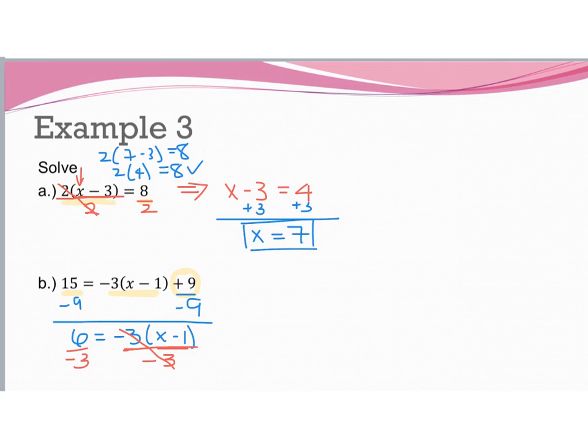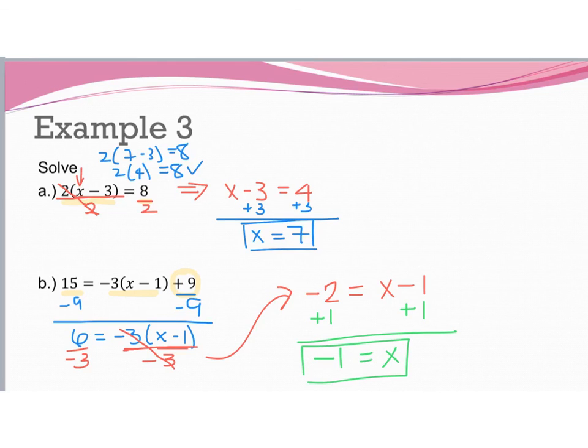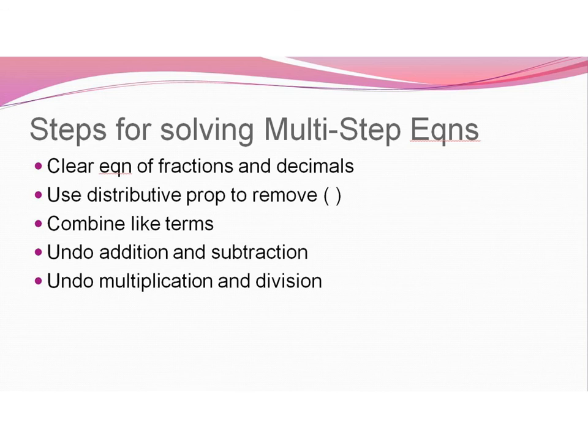These are going to cancel, and I'm going to write this over here. So 6 divided by negative 3 will be a negative 2, and that's going to give me x minus 1 equals negative 2. Now I need to get x by itself, and I'm going to do that by adding 1 to both sides. And I see that I have a negative 1 equals x, and I am all set now.